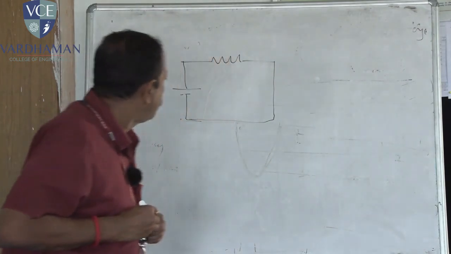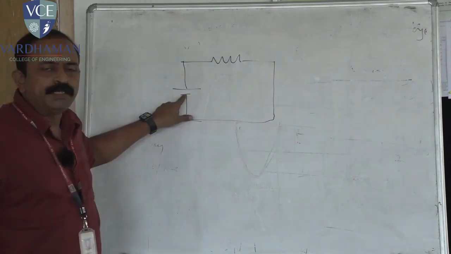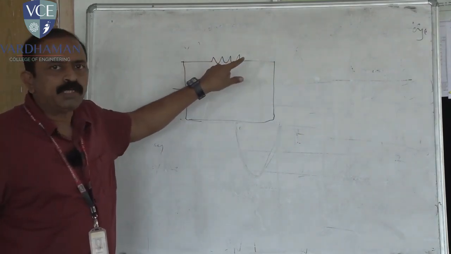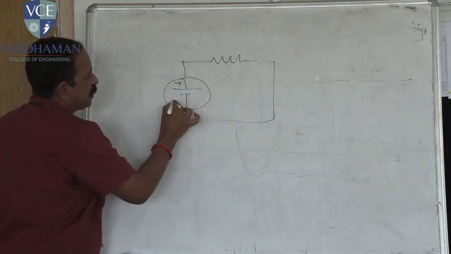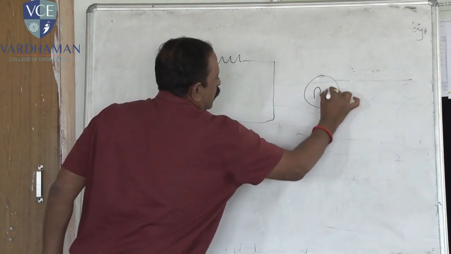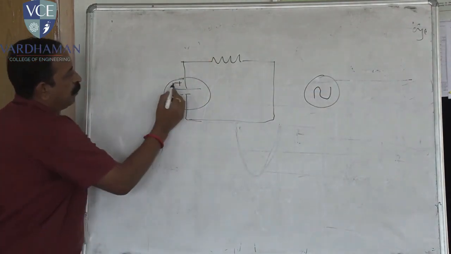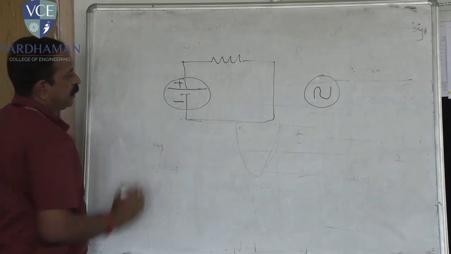So I already explained a circuit comprising passive elements and active elements, closed. When it is closed, only then will current pass through from the supply. Active elements are voltage sources. This is the representation of a DC voltage source, and an AC voltage source is represented with a sinusoidal symbol. Always the positive symbol is for this line and the negative symbol is for this line.